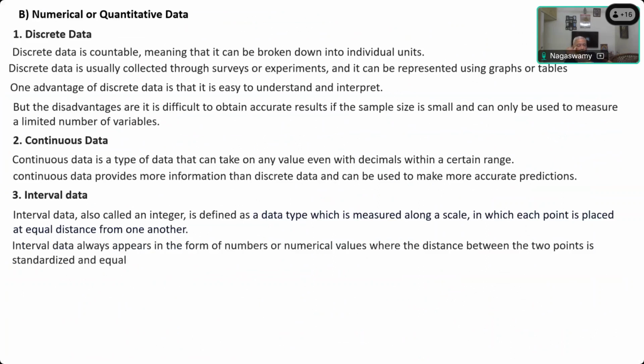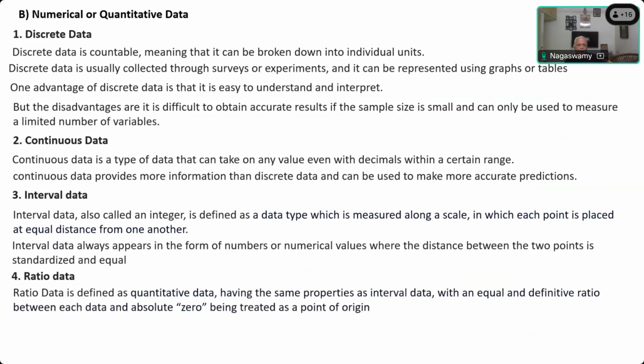And interval data appears in the form of numbers or numerical values where the distance between the 2 points is equal and standardized. Then there is ratio data, a definitive quantitative data having the same properties as interval data, with an equal and definitive ratio between each data, and an absolute zero being treated as a point of origin. So there can be no negative numerical value in ratio data. That is a very important difference.